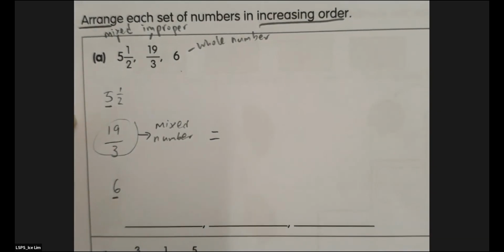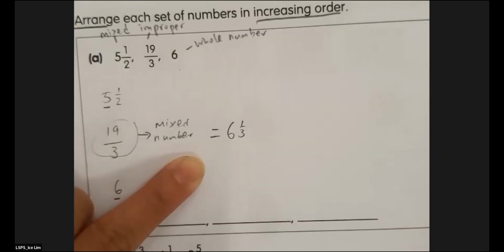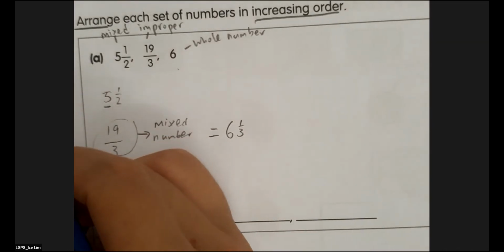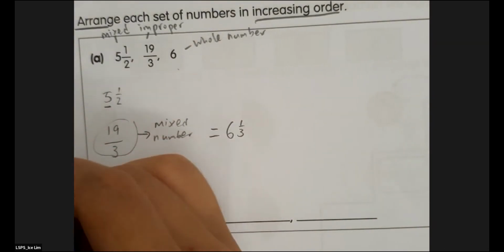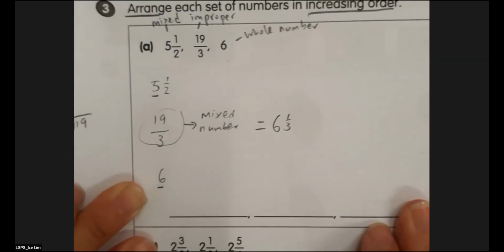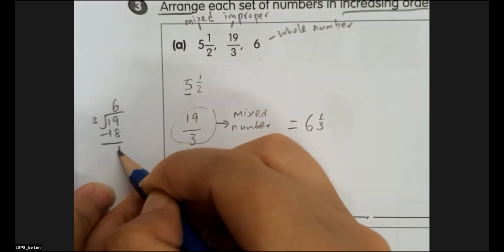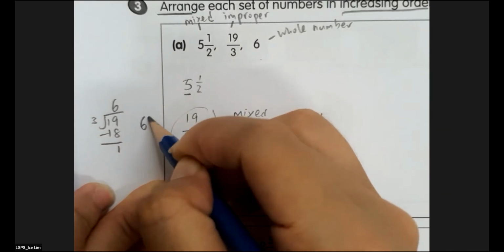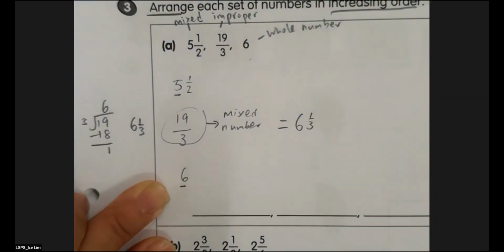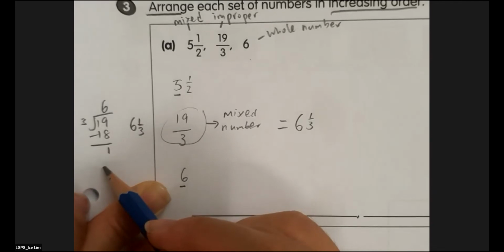If I convert this to a mixed number, so if I really have to do that beside, say if I use Aideen's method of the division, I do the working at the side.